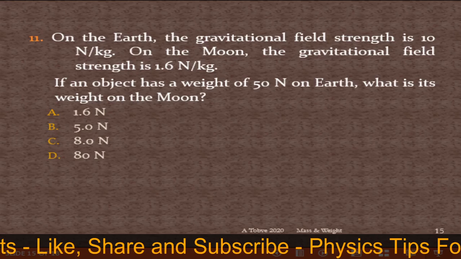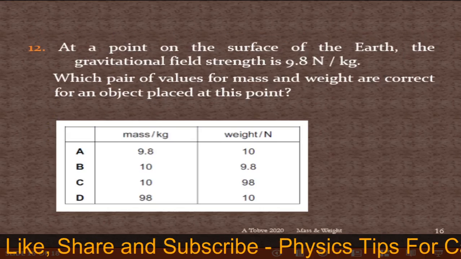Number 12. At a point on the surface of the Earth, the gravitational field strength is 9.8 newtons per kg. Which pair of values for mass and weight are correct for an object placed at this point? So this is on Earth, so we know that g is 10.